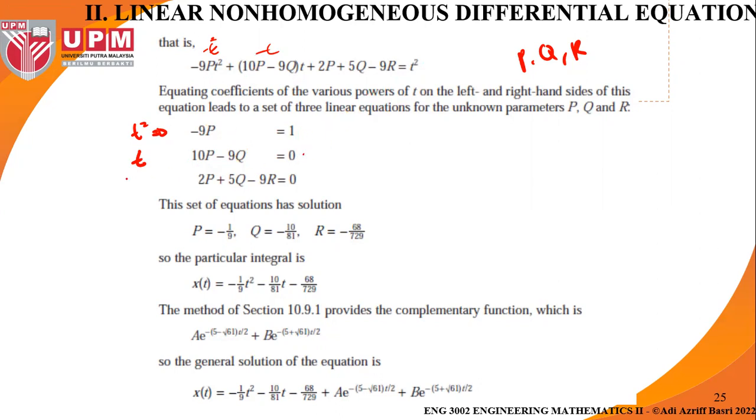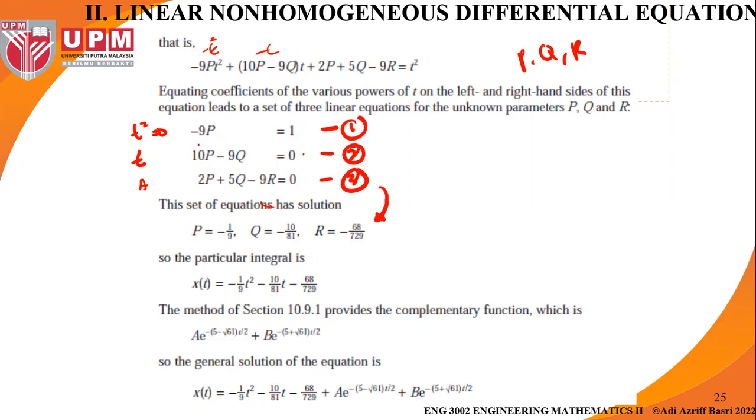The third one is the real number, the arbitrary constant. So it is 2p plus 5q plus 9 equals 0. So you have 3 equations here based on the classifications: this one for t², this one for t, and this one for the real number. From these equations you can find p, q, and r.